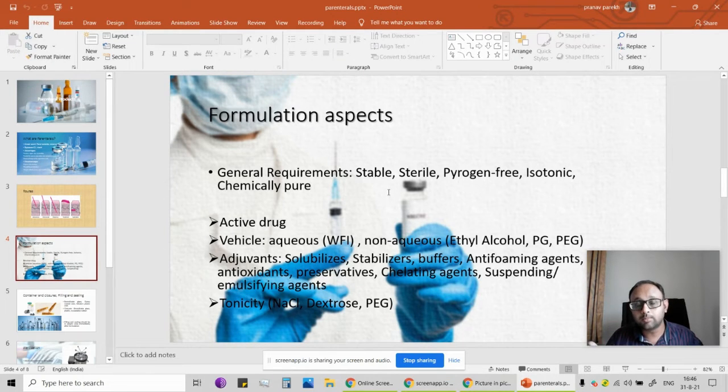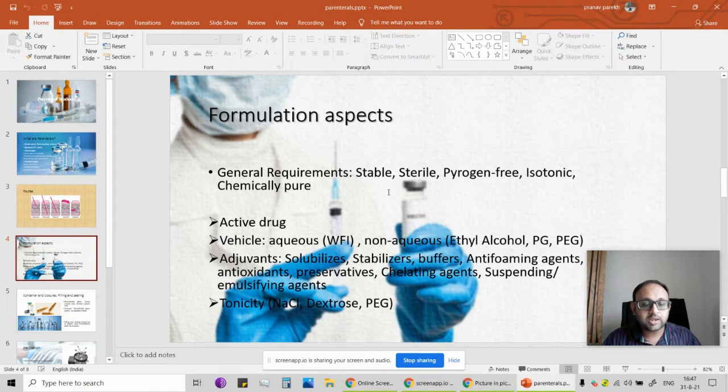Pyrogens are compounds that, when they get entry into the blood, elevate the temperature of the body, so you get fever. So we don't want pyrogens, right? So it should be pyrogen free. Isotonic means what? It should be compatible with the salt concentration of the body fluid. If the salt concentration of the fluid changes, that causes a problem with the osmosis, meaning your body gets osmotic shock, right?